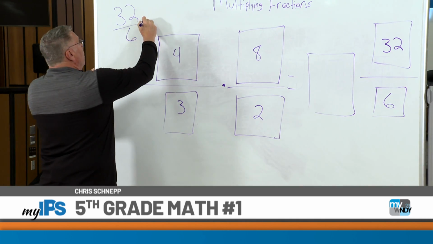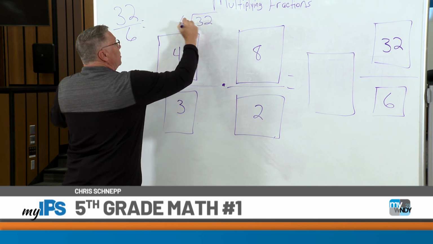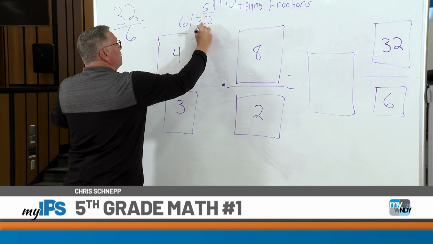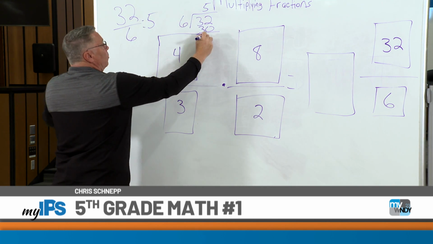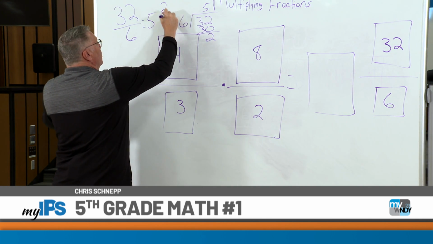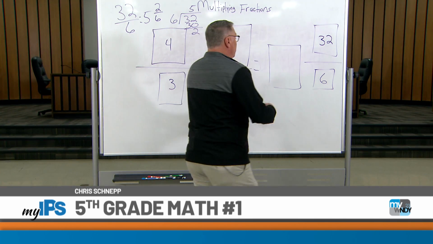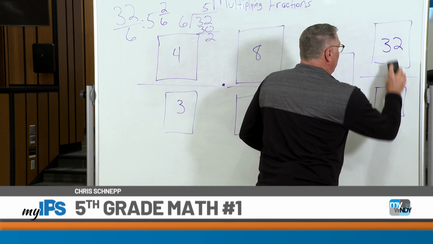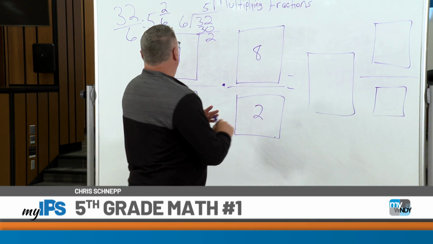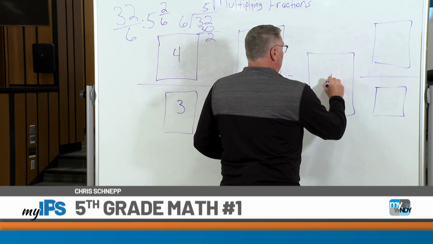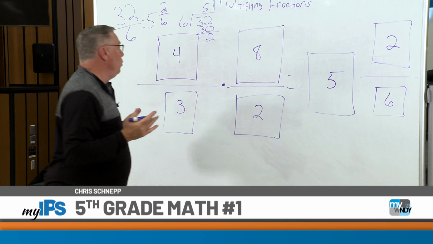So we go through our process of division. 6 goes into 30 5 times, for 30. So there's our 5. We have 2 left over, and our denominator is 6. So our answer as a mixed number is 5 2/6.